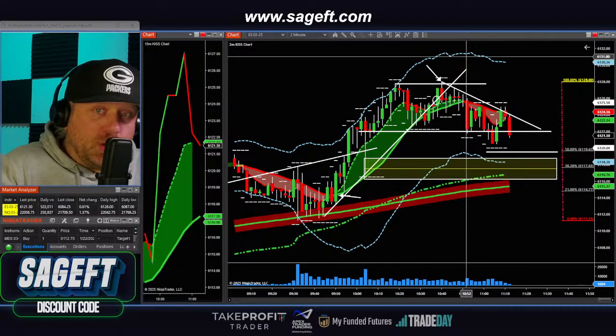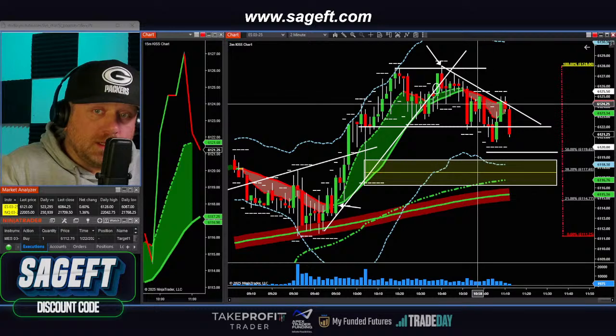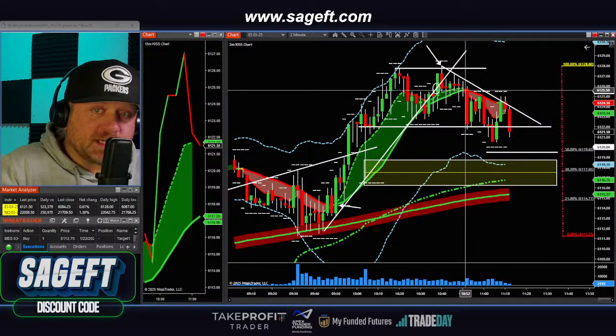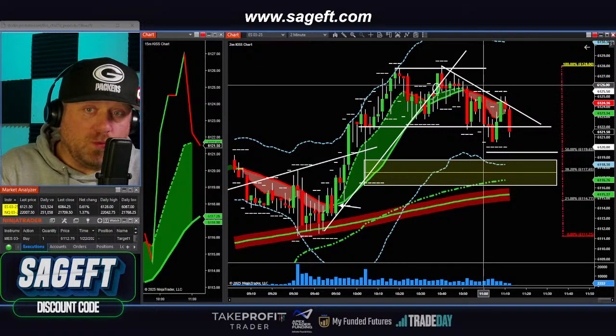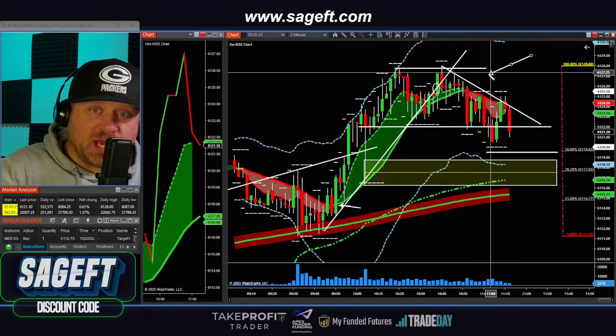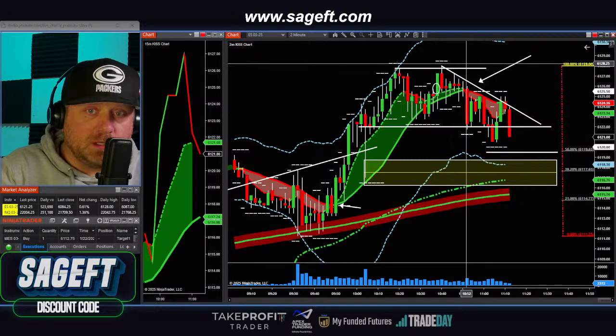Now, notice we're getting internal liquidity on each pullback since the 8 EMA went below the 20 with price. I'm going to remove everything on this chart besides what's relevant now, okay?